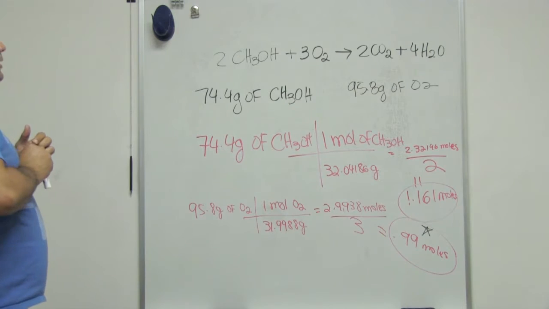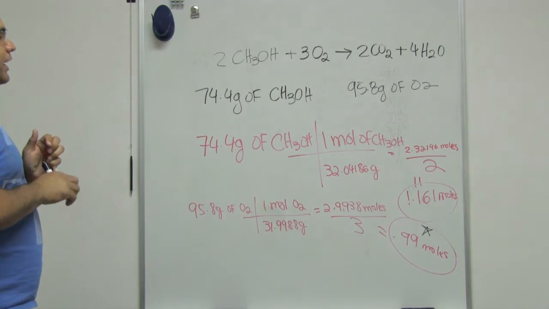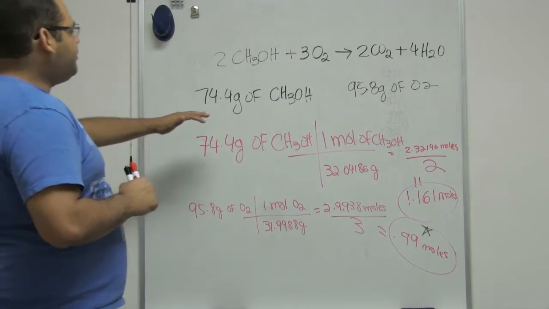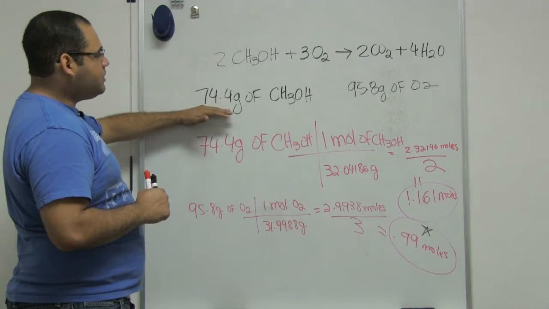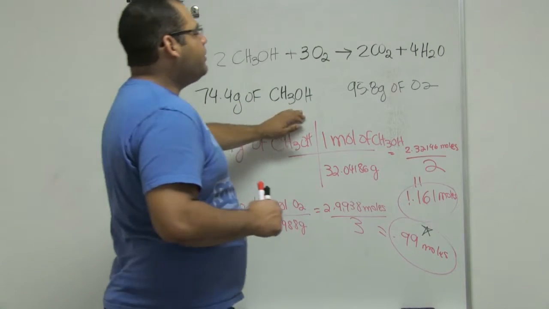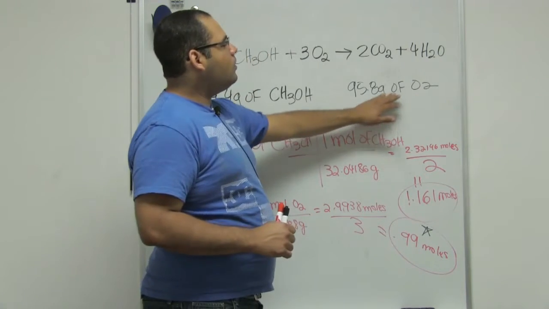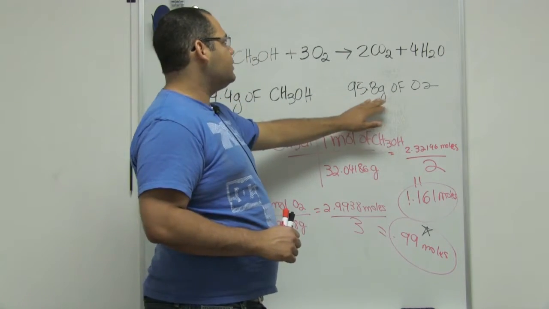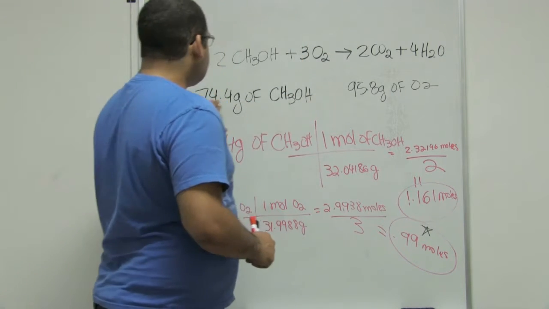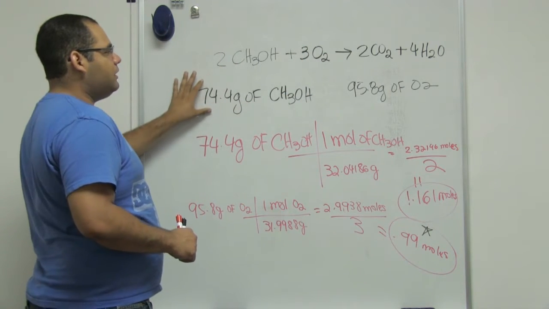In other words, if I react 74.4 grams of CH3OH with 95.8 grams of O2, all 95.8 grams will be used, and some of the 74.4 grams will be left over.